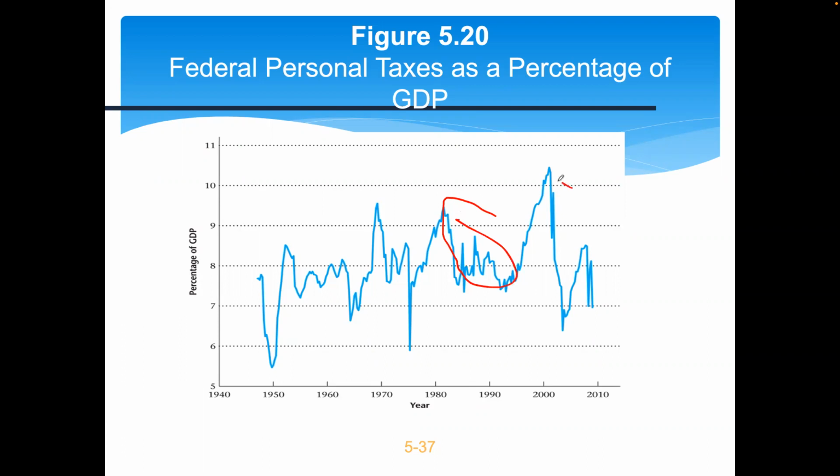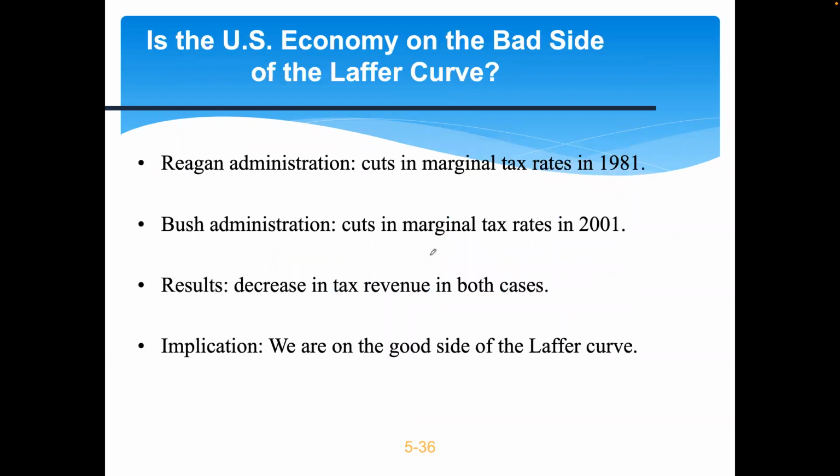The other one, 2000, also leads to a large decline in tax revenue. So this is what we learn, or what corresponds to this slide. Now we have finished this chapter, so let's summarize what we have learned.